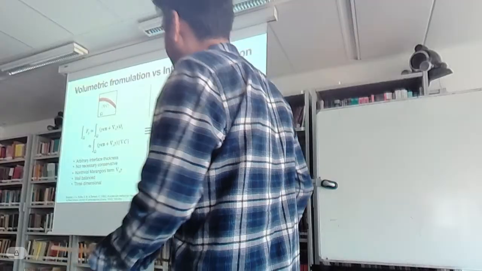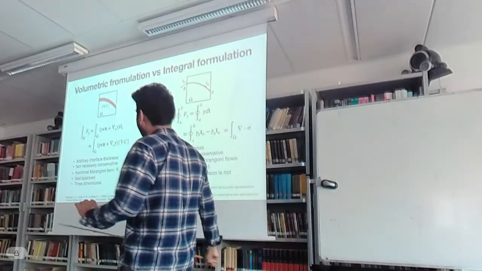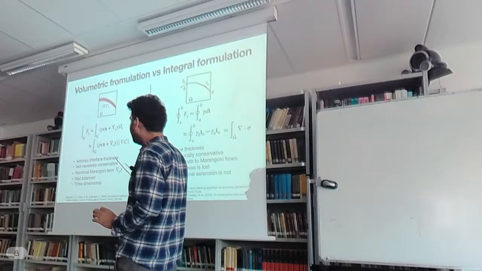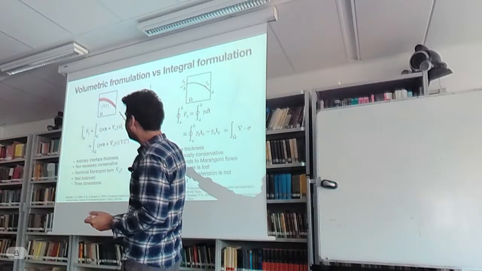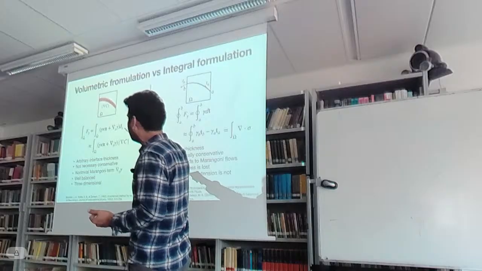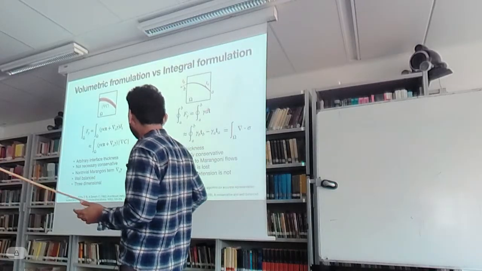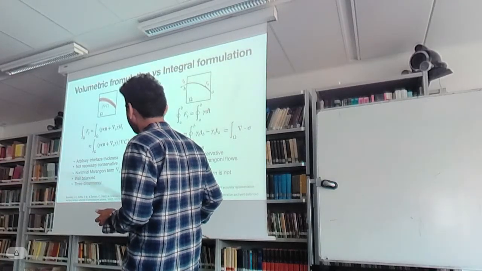There are pros and cons to both. On the volumetric side, you have arbitrary thickness that you have to put in to incorporate the delta function, whereas there we don't put this.